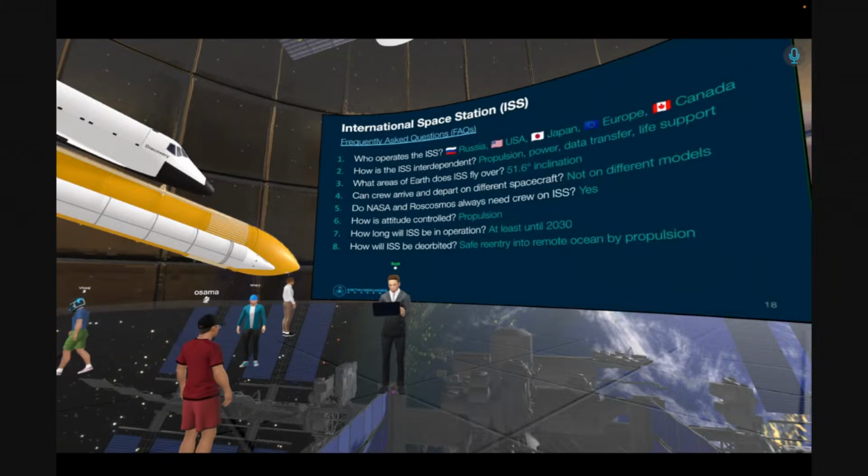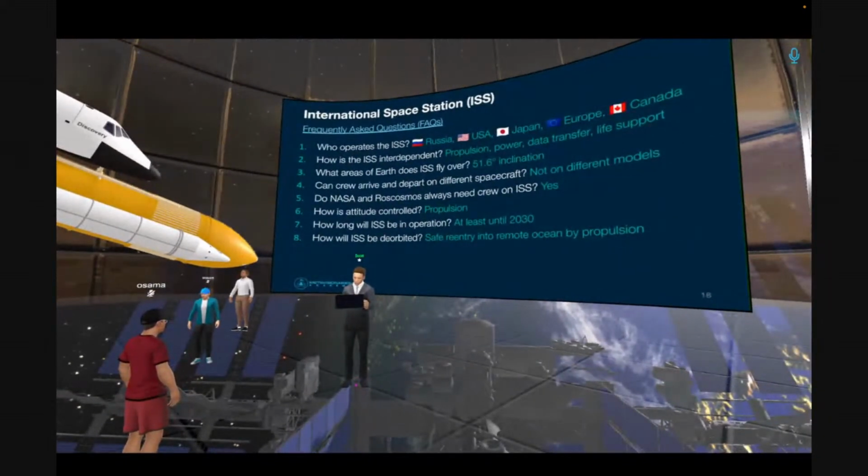And number 3, the question is, what areas of Earth does the ISS fly over? This is a bit of a technical term here, but can someone answer this? So it flies over 90% of the area of the Earth where people live, which includes everything from Russia down to Argentina.